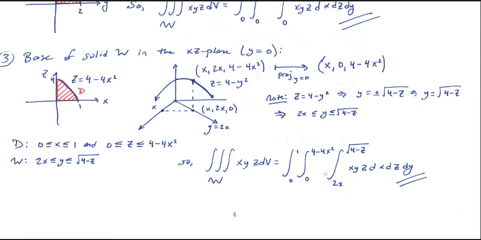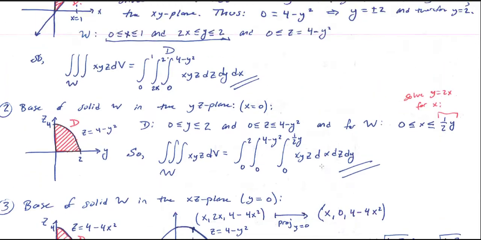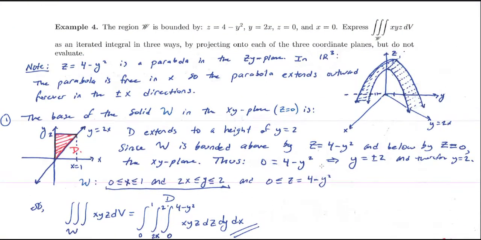All right, so that covers how to find the inner bounds. But how do you find these remaining bounds? Well, this is a little bit harder to do, but basically what you can do is imagine taking everything in the region and collapsing it.